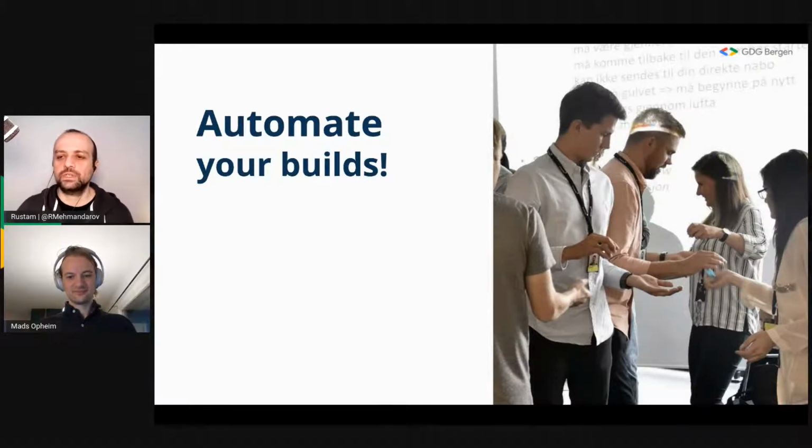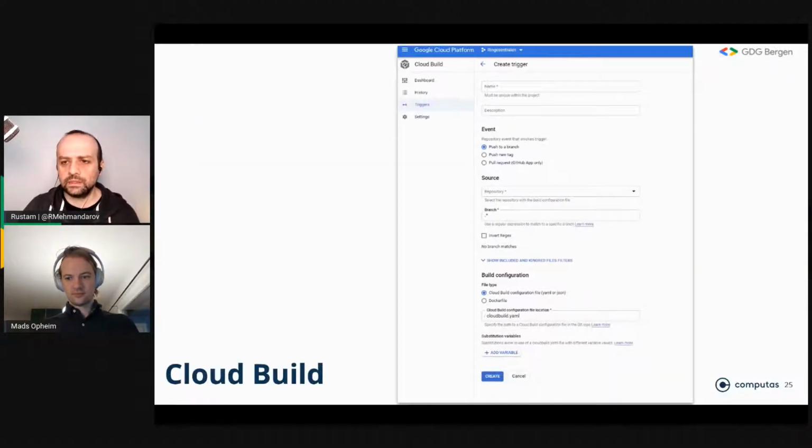So the first and kind of obvious thing is to automate things. So now you want to automate the deployment of your application to the cloud, and in this case, we're using GCP as an example, but again, it could have been pretty much any kind of cloud. The point is to automate.